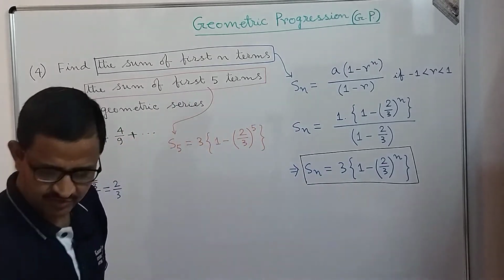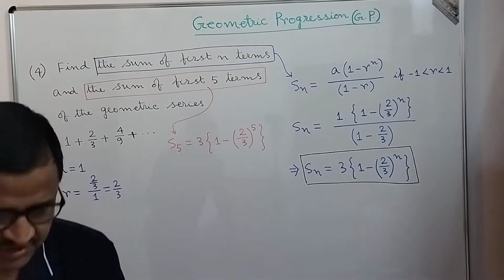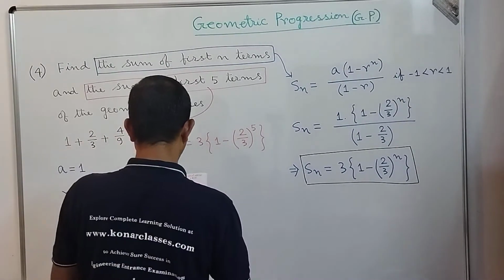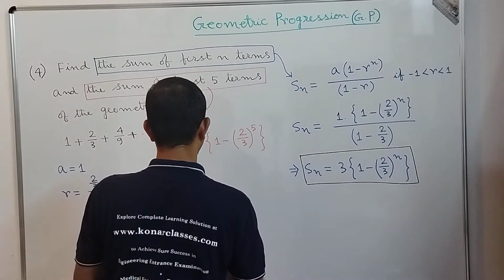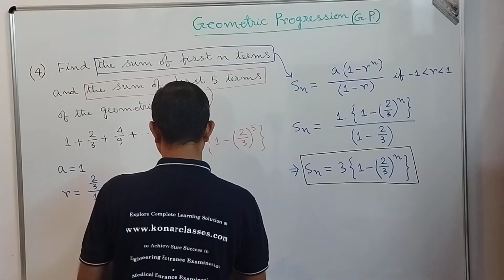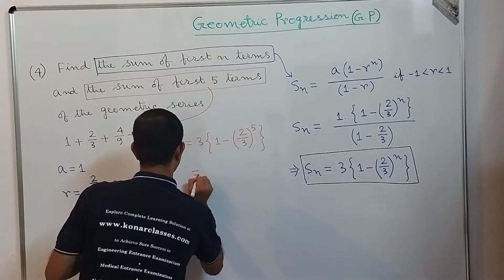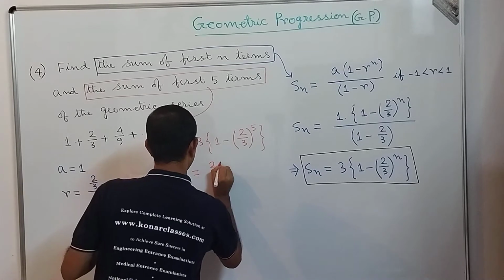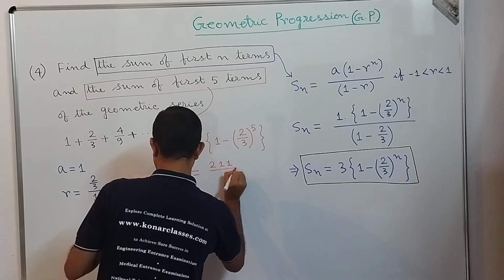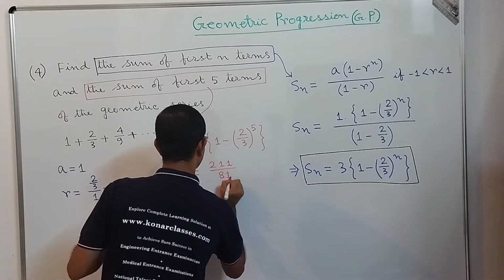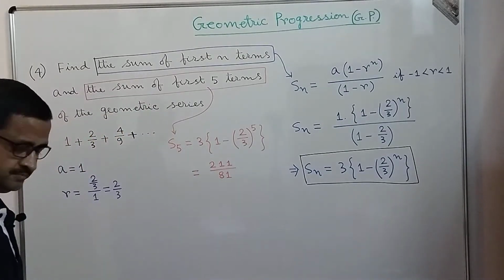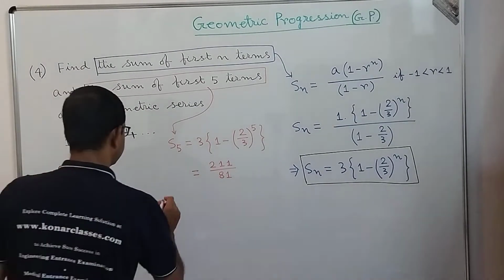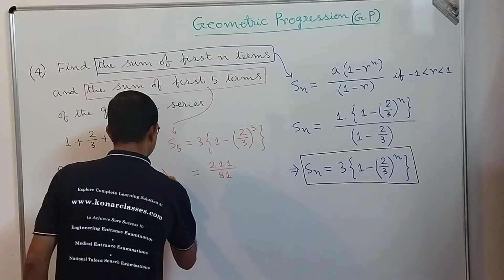I will take the value here, because it is not required to spend time computing this. So 3 into 1 minus 2 by 3 to the power 5 becomes 211 divided by 81. So we get that S5 is this.